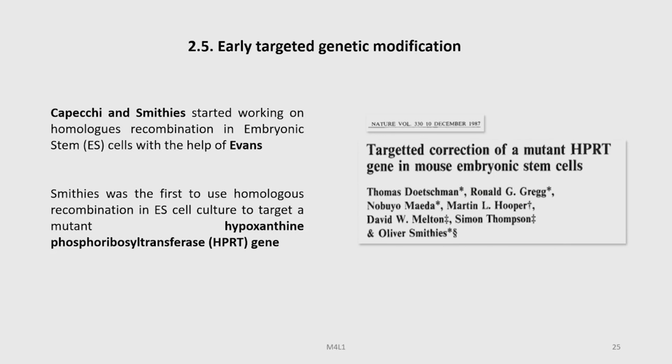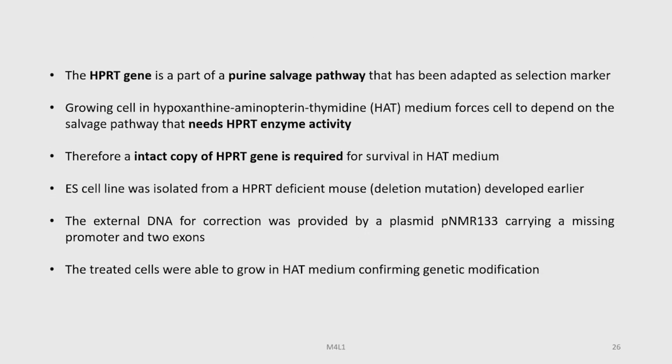Smithies was the first to use homologous recombination in ES cell culture to target a mutant hypoxanthine phosphoribosyl transferase, or HPRT, gene. The HPRT gene is a part of a purine salvage pathway that has been adapted as a selection marker.